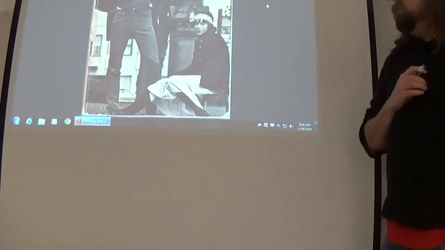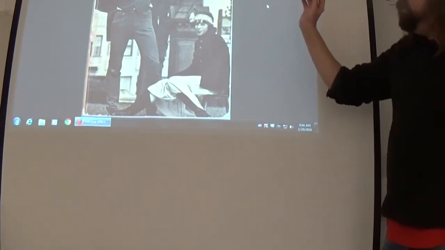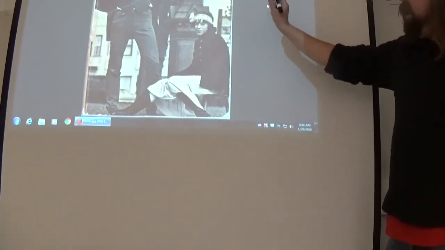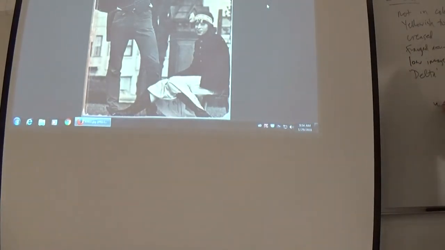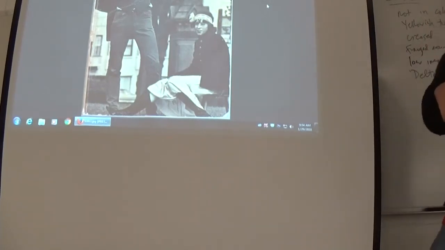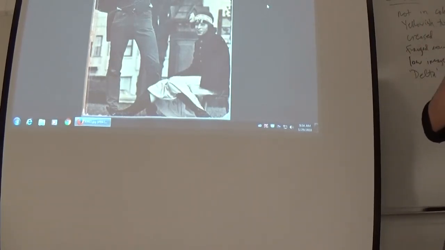Good. So let's look at the woman first. We've already noted that she is sitting, and somebody was saying something about the way she's sitting. It was weird, the thing on her head looks like it came from the 20s, like what a flapper would wear.